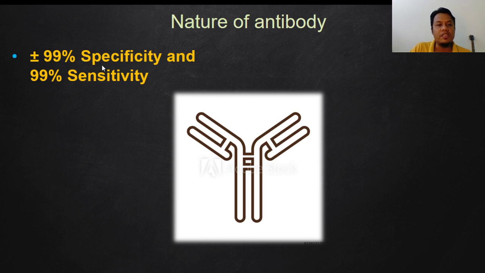Basically, specificity is the ability of the test to differentiate the negative result from the positive one, while sensitivity refers to the ability of the test to differentiate the positive result from the negative. So by using antibody, we can have both specificity and sensitivity.